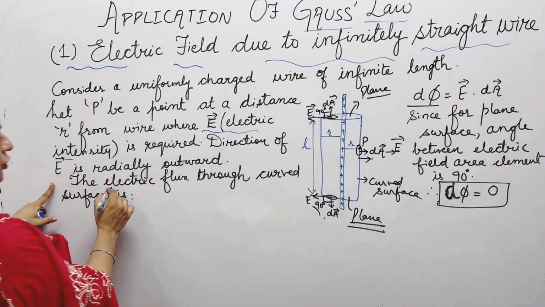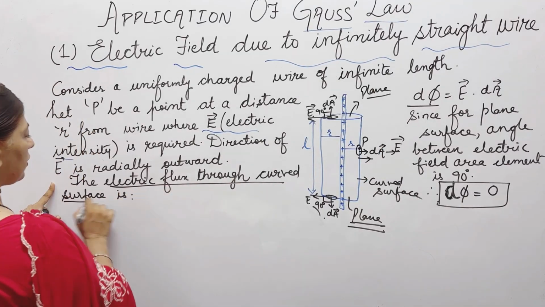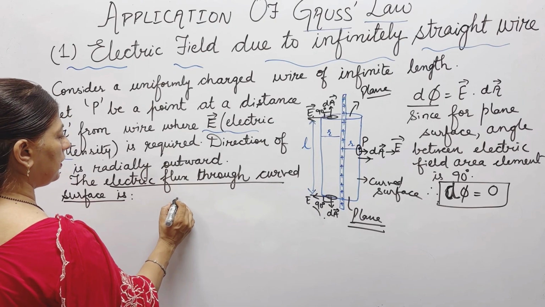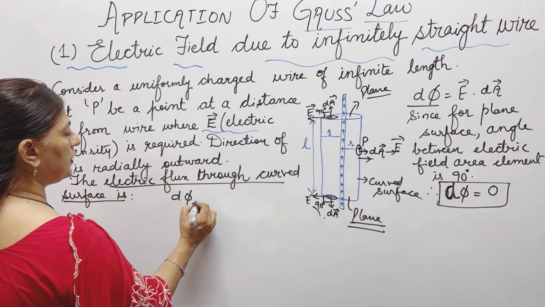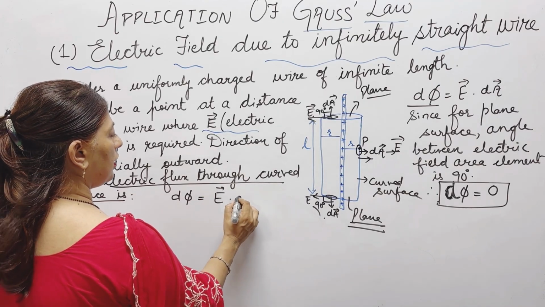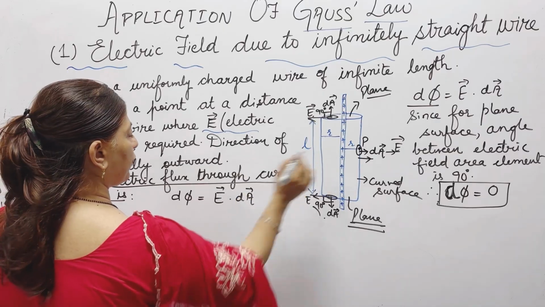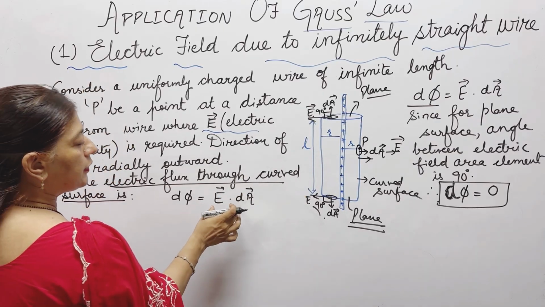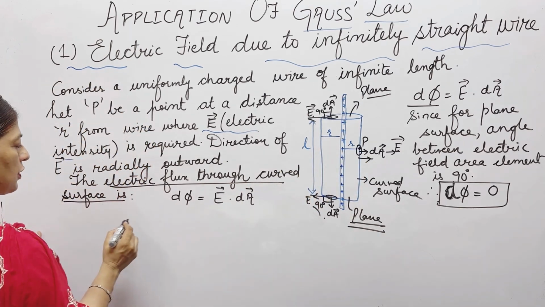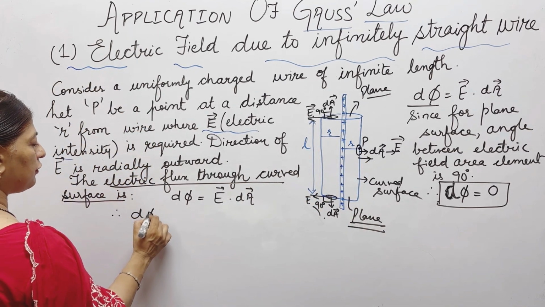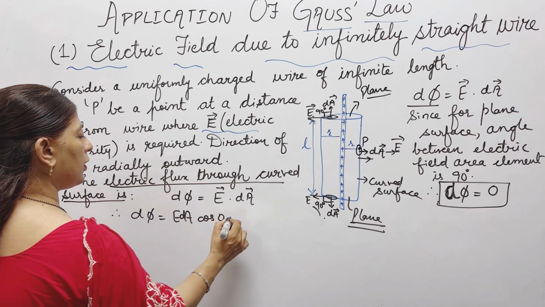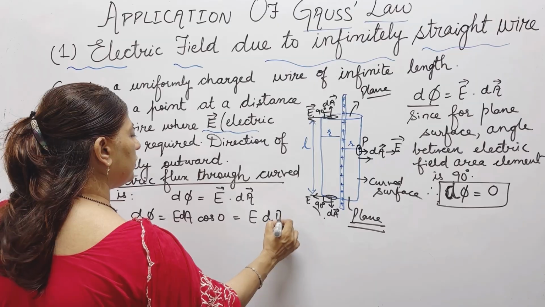Now in the next step, we are going to find out the electric flux through the curved surface. This is given by d phi equals E dot dA at point P. Now the electric field and the area element are both in the same direction for the curved surface. Therefore, d phi is equal to E dA cos 0, or the value is E dA.